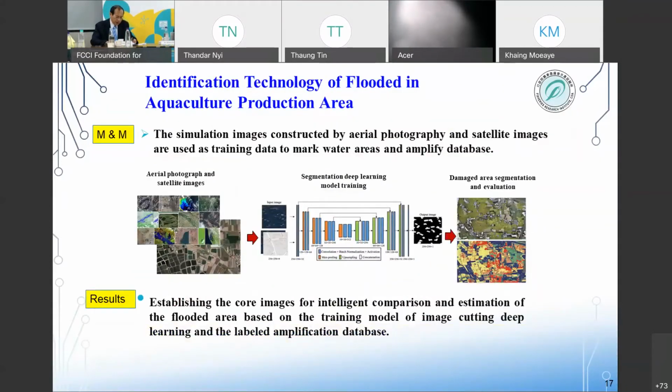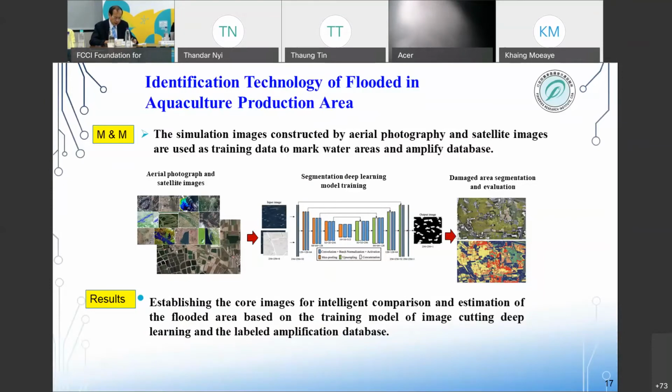Another research I would like to introduce is the identification technology of flooded areas in aquaculture production areas. The simulation images controlled by aerial photography and satellite images are used as training data to mark water areas and amplify the database.